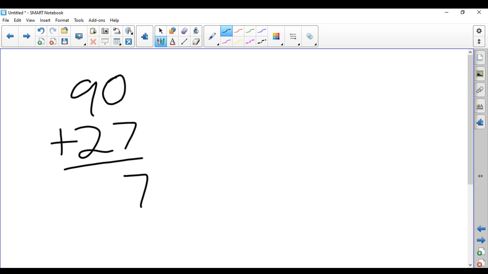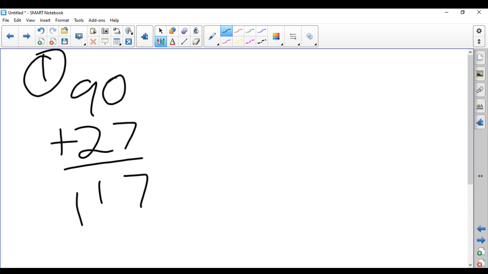I have 11 tens, but when I do math, I don't write 11 tens. I would say, okay, well, I have 1 ten here, and then I carry the 1. That 1, first of all, isn't a 1, and it's not a 10. I've admitted that I have more than 10 tens, which gives me 100. And then it goes down here.